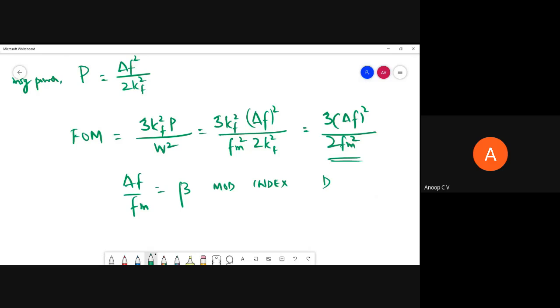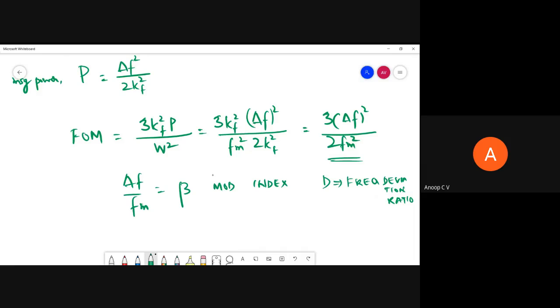The ratio of maximum frequency deviation to maximum frequency content, we'll denote as D, and call it the frequency deviation ratio. So beta or modulation index is the frequency deviation ratio in the case of single tone FM.